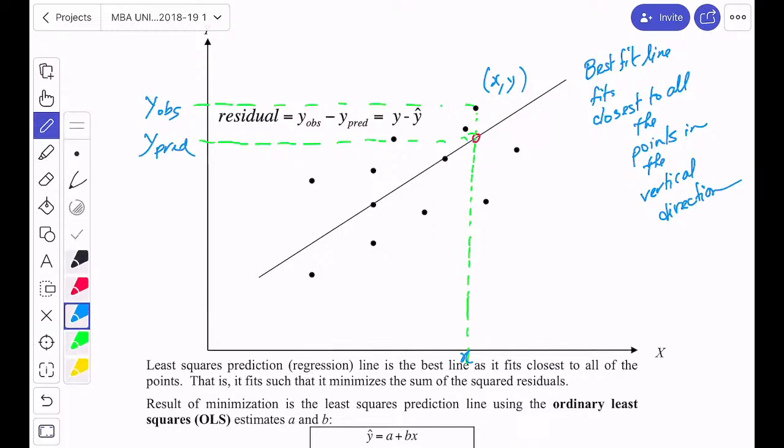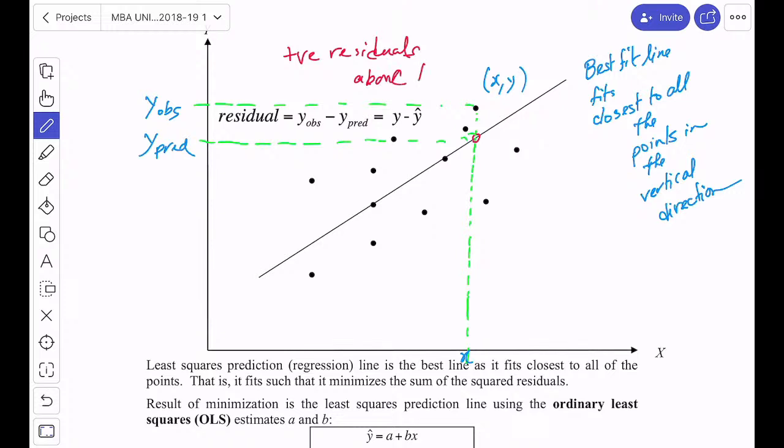So here, residuals will be positive, and below the line will be negative. This says positive.